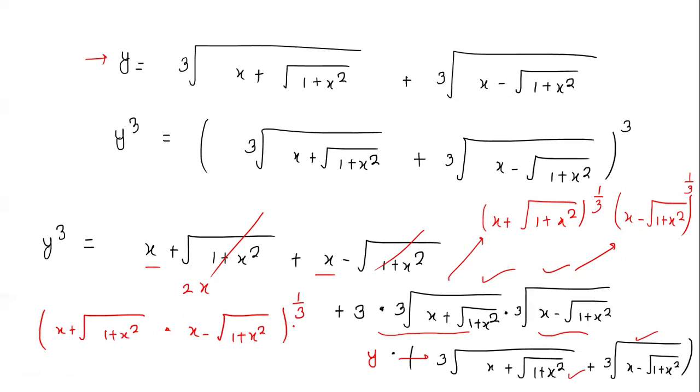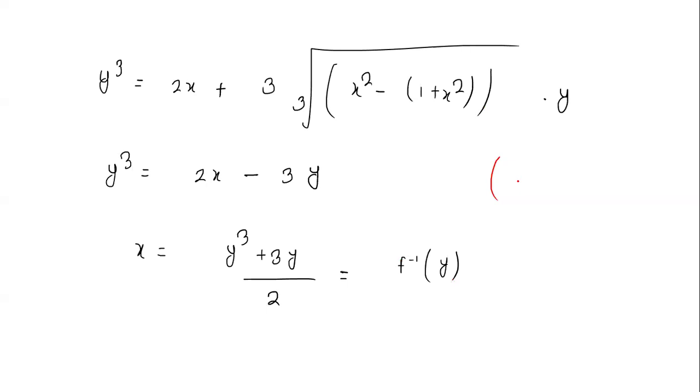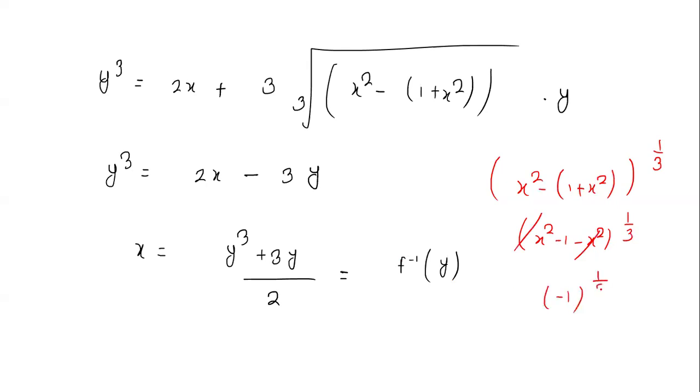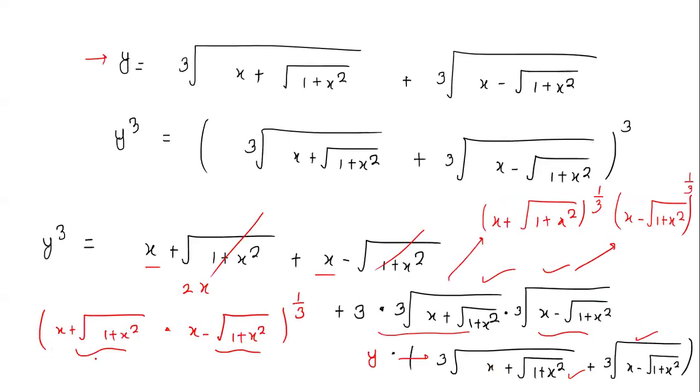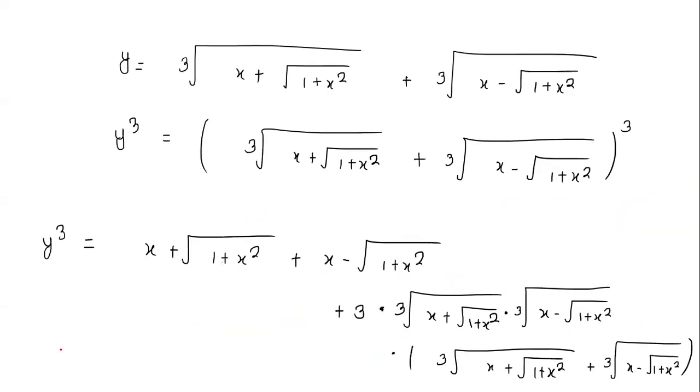Now we have a plus b multiplied by a minus b, so this is a square minus b square, and this whole power 1 by 3. So this thing will come like x square minus 1 minus x square, power 1 by 3. This will cancel. This will come like minus 1 power 1 by 3, which is same as minus 1. So actually this product is equal to minus 1.